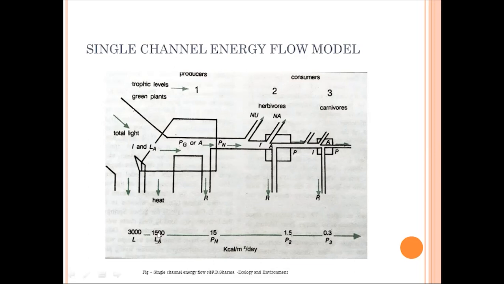So if 3000 kilocalories of light is incident upon green plants, about 50%, that is about 1500 kilocalories, is absorbed. That is LA. Then, out of this 1500 kilocalories, about 15 kilocalories is the net primary production, or PN.